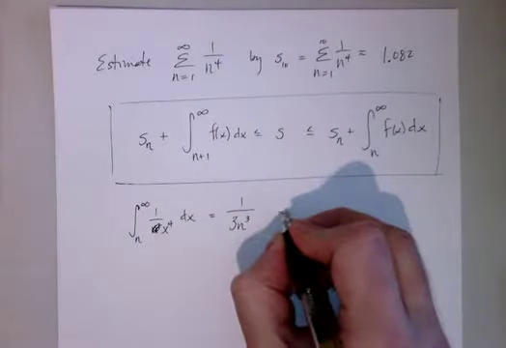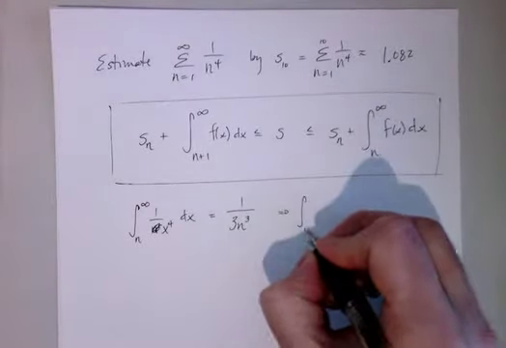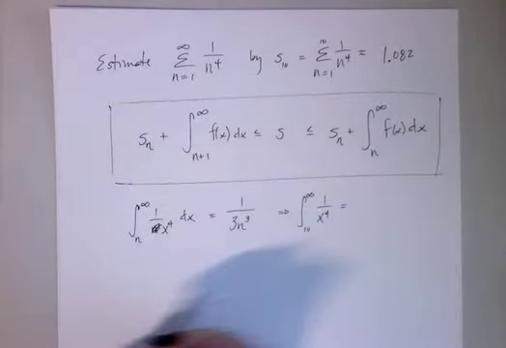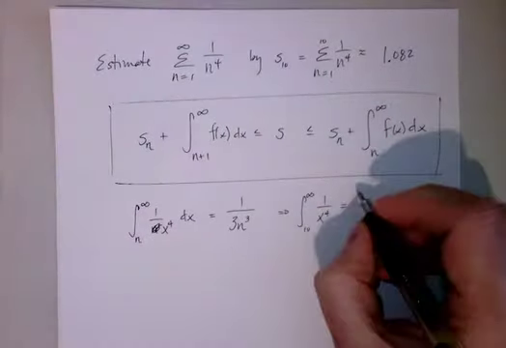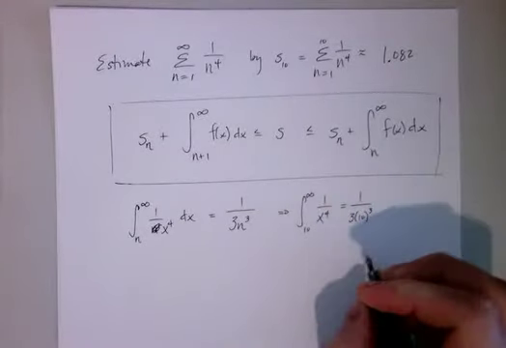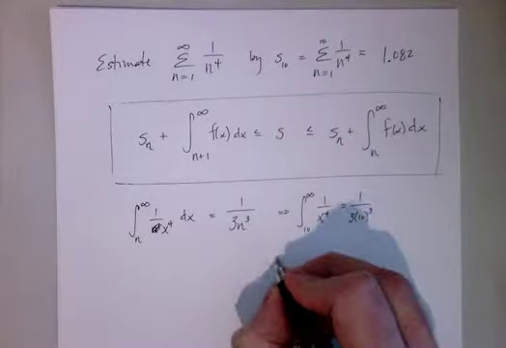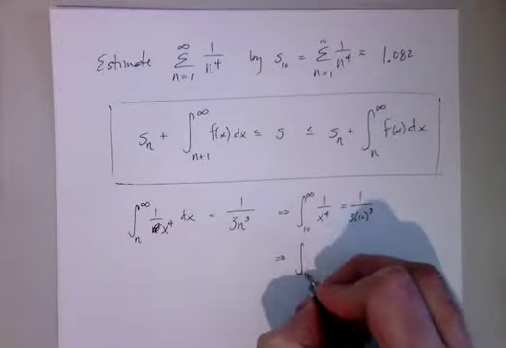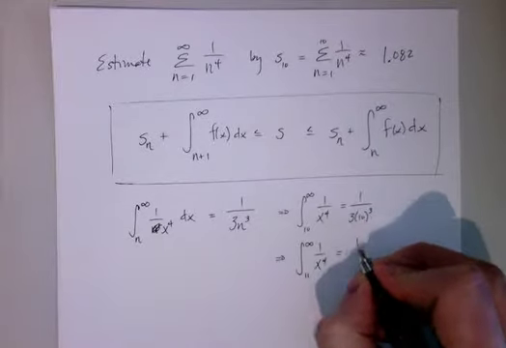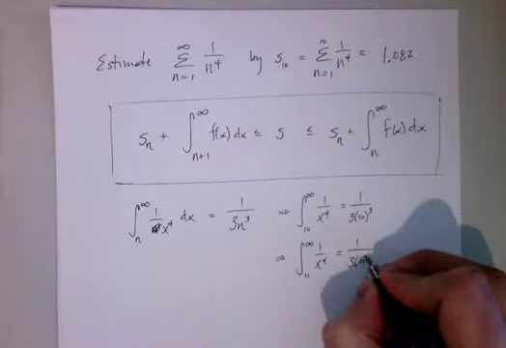So that basically means that if I go from 10 to infinity of 1 over x to the 4th, that n gets substituted in here, and I get 1 over 3 times 10 cubed, okay? And if I wind up doing 11 to infinity of 1 over x to the 4th, that's 1 over 3 times 11 cubed.